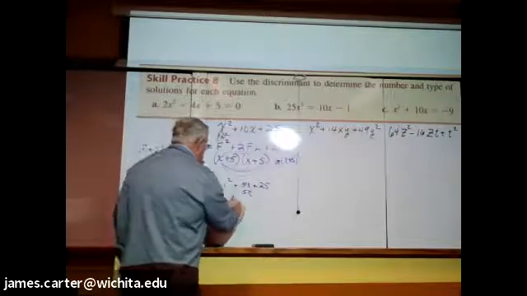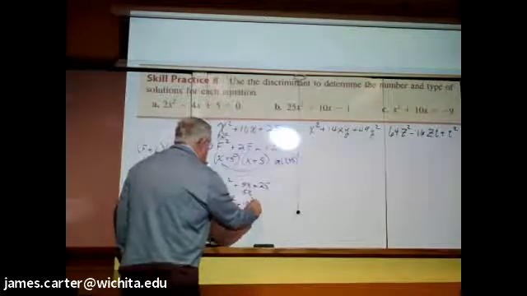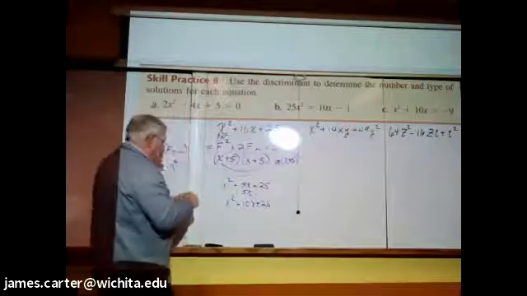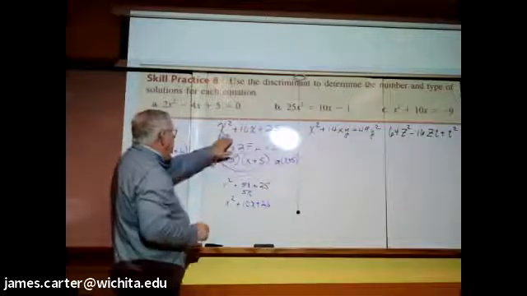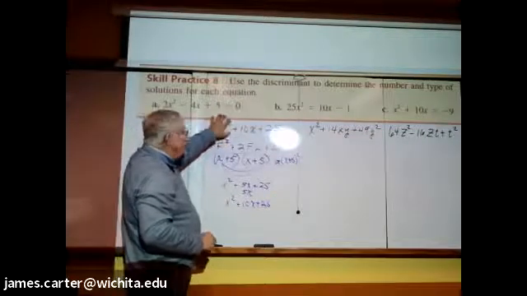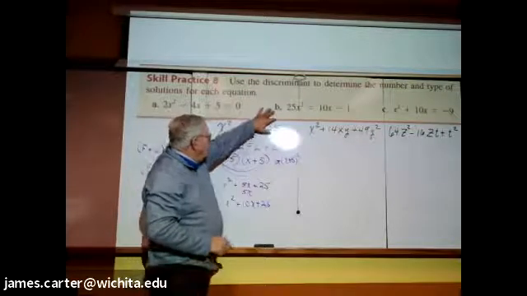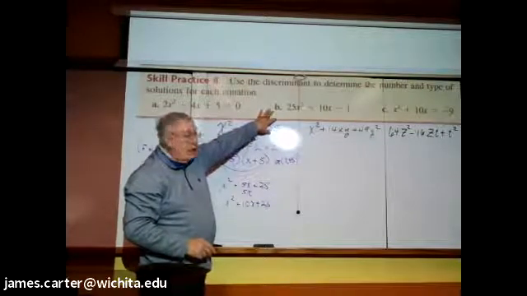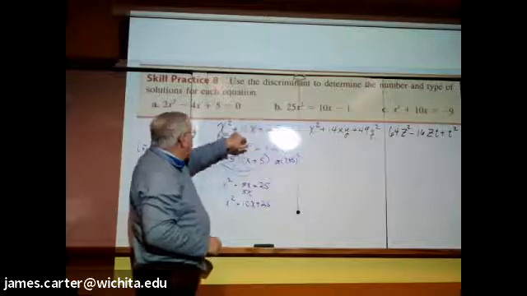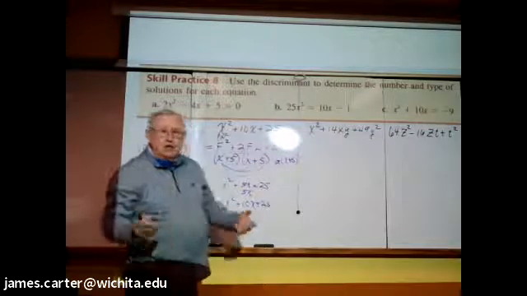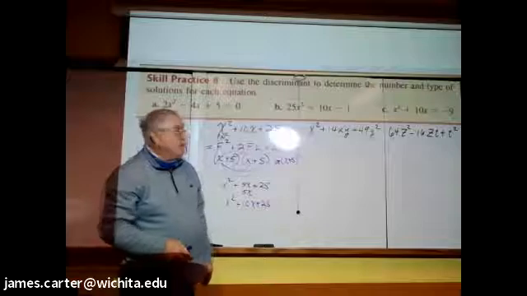So x squared plus 10x plus 25. Now, the trick to using this is recognizing if you have a perfect square on the front number, and a perfect square on the back number, then check to see if this is true, and you've saved yourself a lot of factoring work.